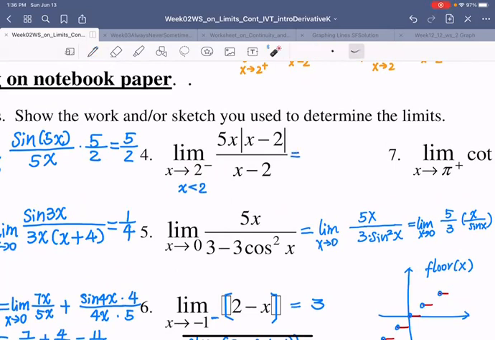So if x is smaller than 2, this absolute value should equal to what? Cindy? It should be 2 minus, wait, hold on. 2 minus x.